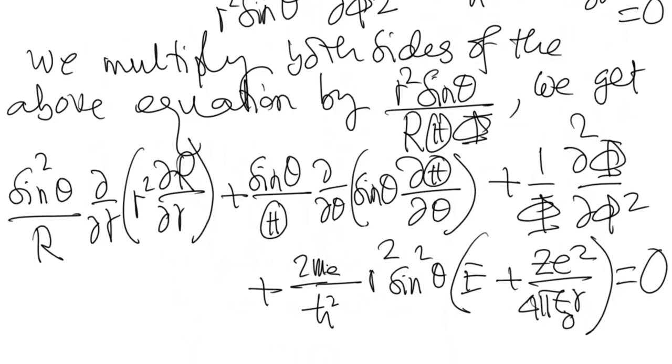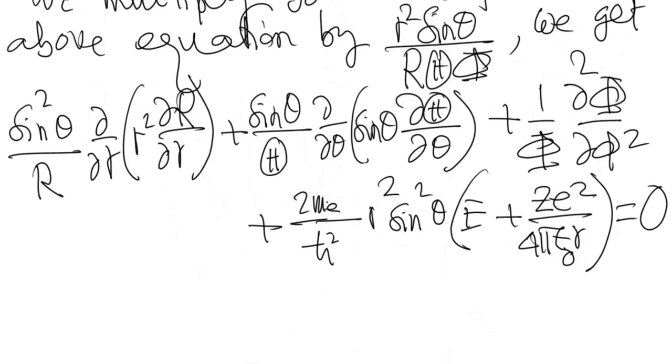Now we observe in the left hand side that the third term of this equation depends only on the variable phi, and this phi does not appear in any other terms.